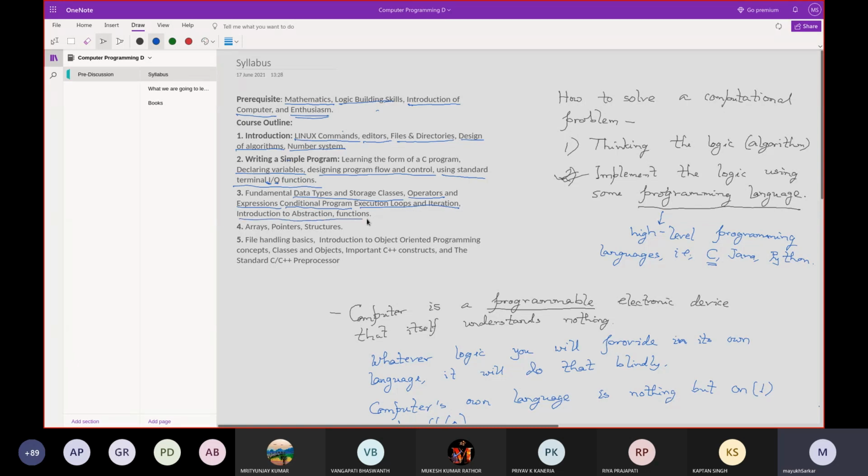Abstractions and functions. In fact, maybe some of you are not understanding what these terminologies mean, because to understand them you have to understand at least the basics of a programming language. So just look at these terms; throughout this course these terminologies and their details will be discussed in great depth. Be assured about that.